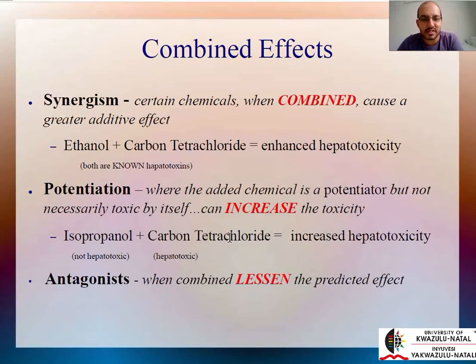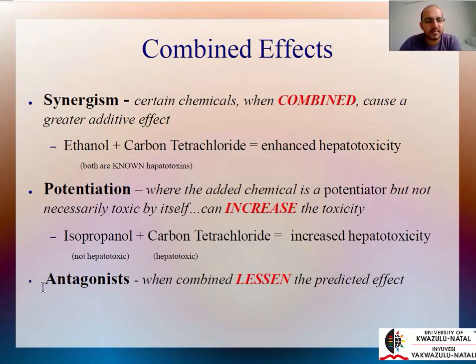So carbon tetrachloride is hepatotoxic. Hepatotoxicity is essentially referring to damage to the liver. So this is very bad for our liver. Isopropanol on its own is not toxic to the liver. However, if it's added to carbon tetrachloride, it increases the hepatotoxicity of carbon tetrachloride.